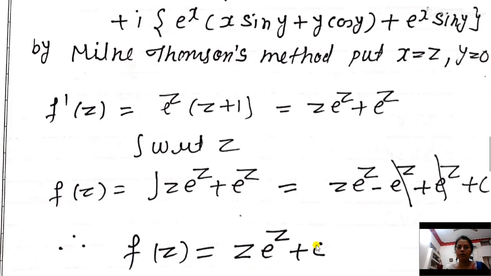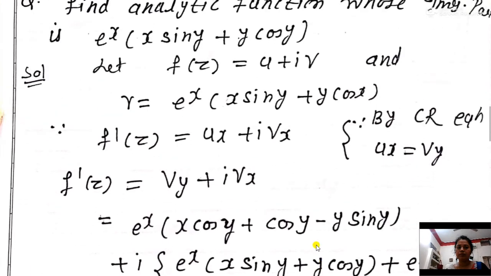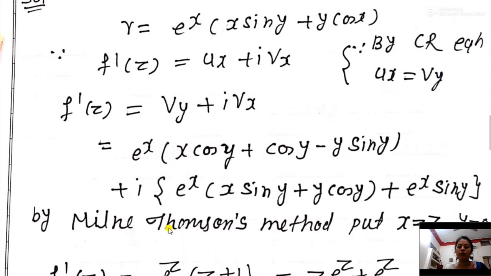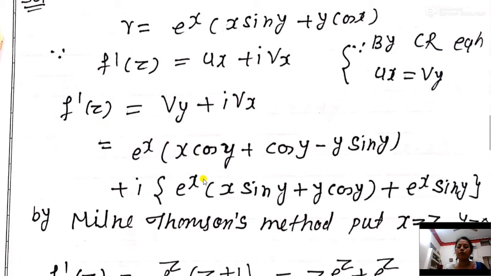Let's recall. Since we have the imaginary part and the formula f dash z is equal to ux plus i vx, but we have only v, we use the CR equation and place vy in place of ux. So f dash z is equal to vy plus i vx. Then we differentiated v with respect to x and y, and found the value of f dash z in terms of x and y.